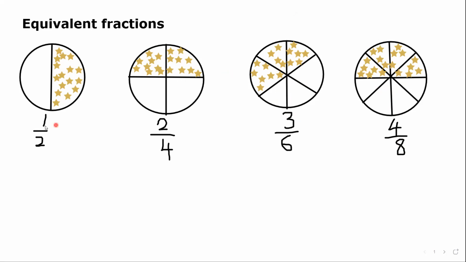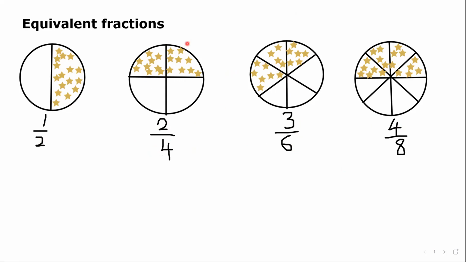Though they are all different fractions here, they have different numerators, which is 1, 2, 3, and 4, and different denominators, which is 2, 4, 6, 8. But the values or the size of the oranges are all the same.